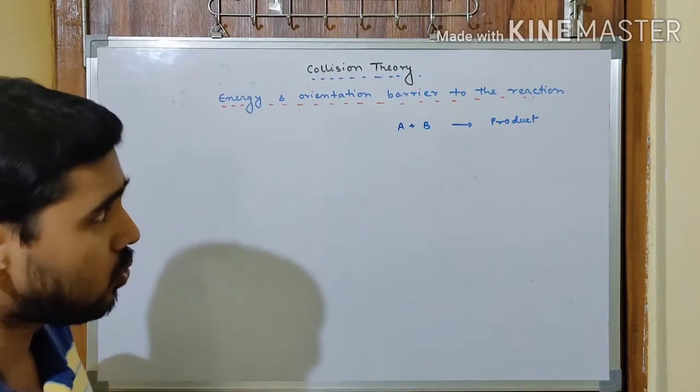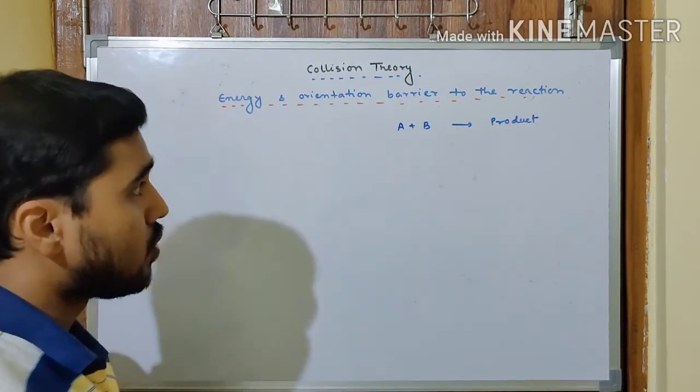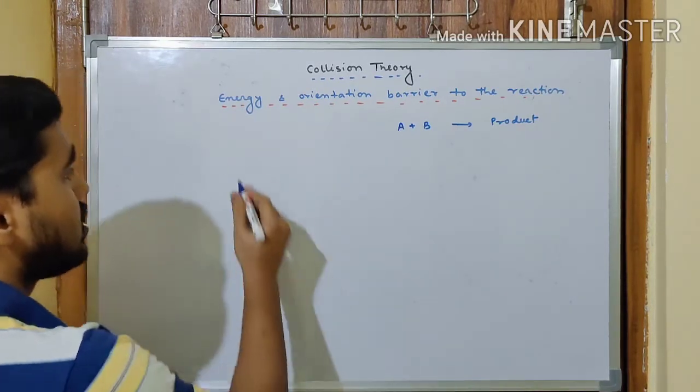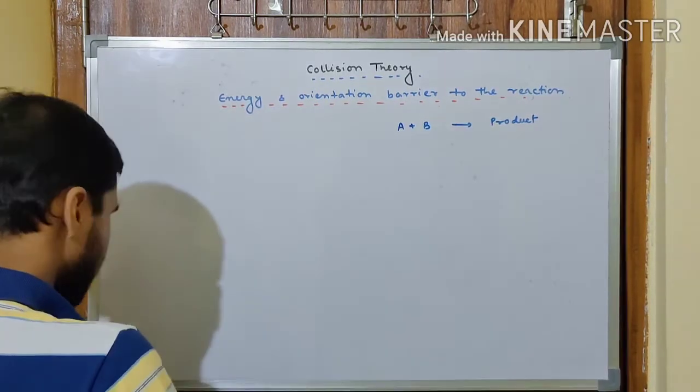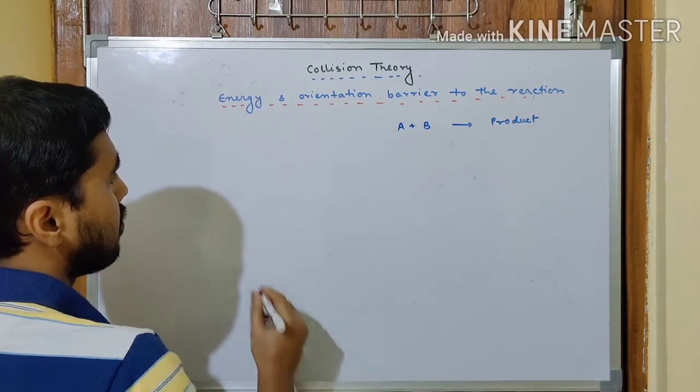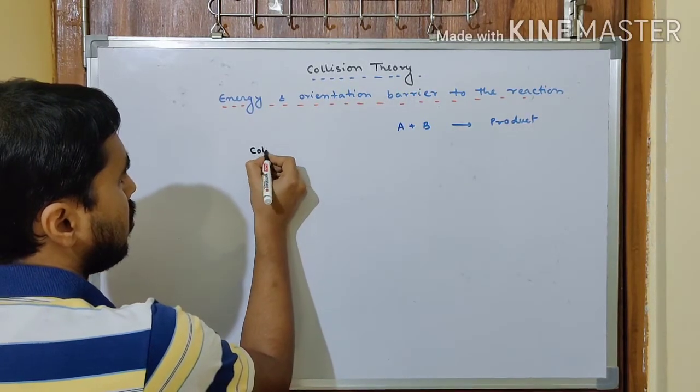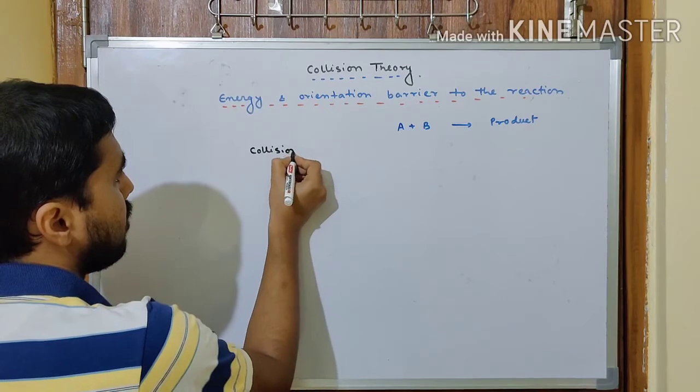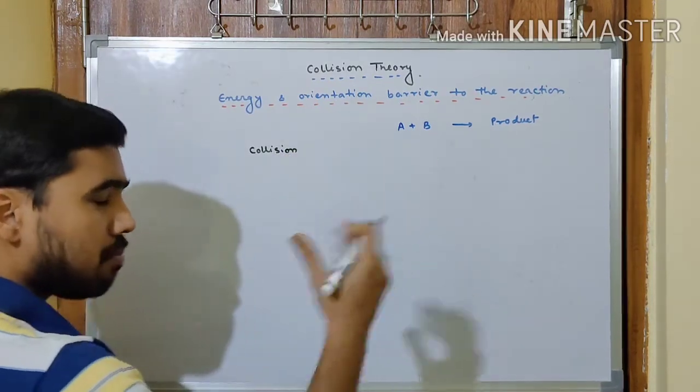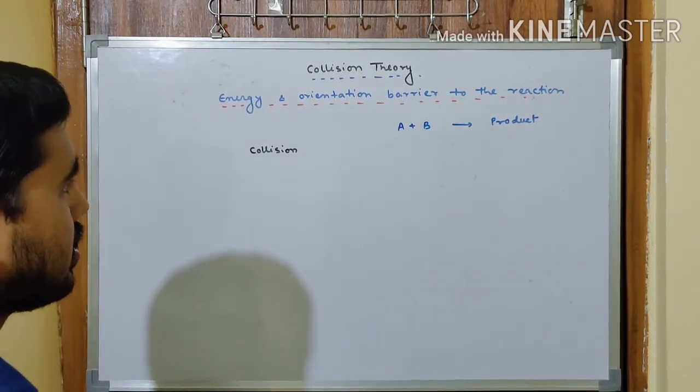So in order to do that, the collision must be there. So the first requirement is collision. That means the reacting species must come in contact with each other.